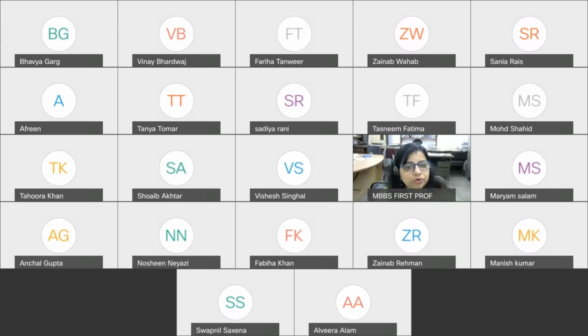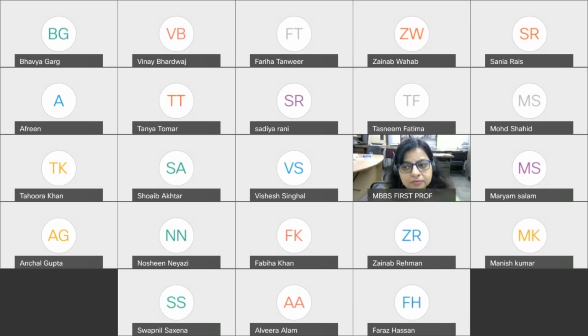The urinary system is made up of how many organs and how they develop? Kidneys, ureter, bladder, prostate, urethra.